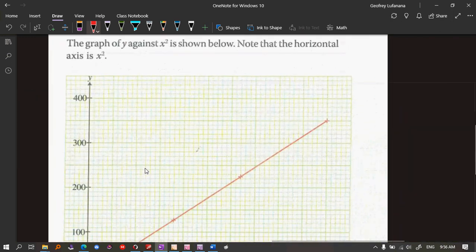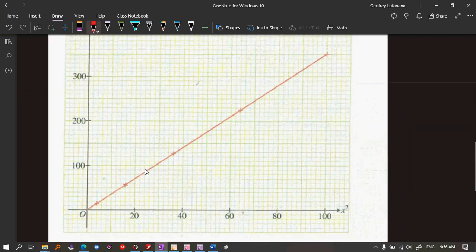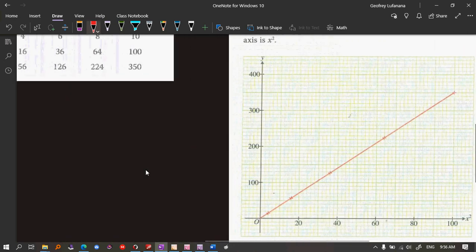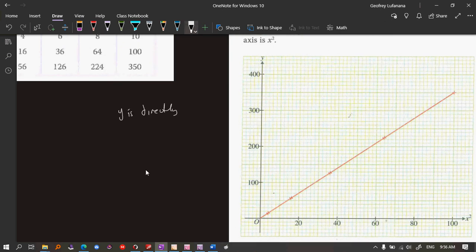Now, the graph would turn out as a straight line. Because it's a straight line, we interpret this as y is directly proportional to x squared. What does that mean? The equation relating y and x squared would be y equals a constant times x squared.